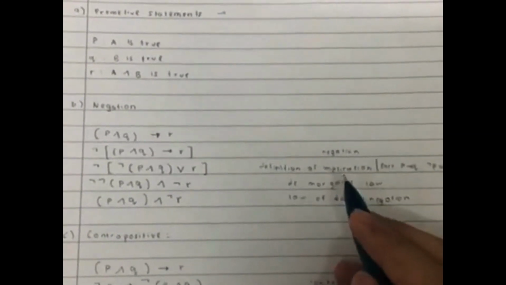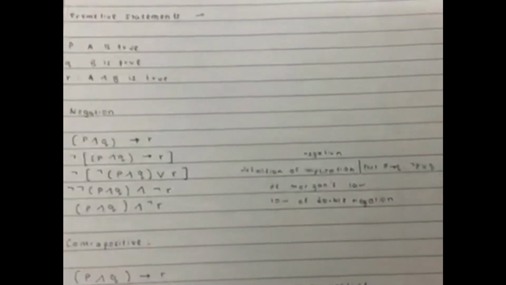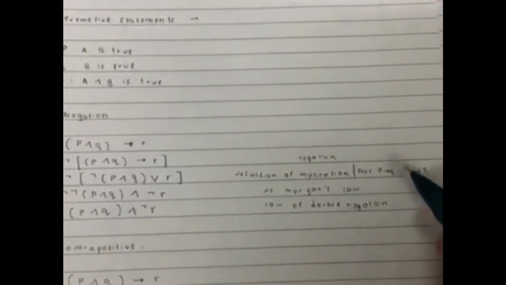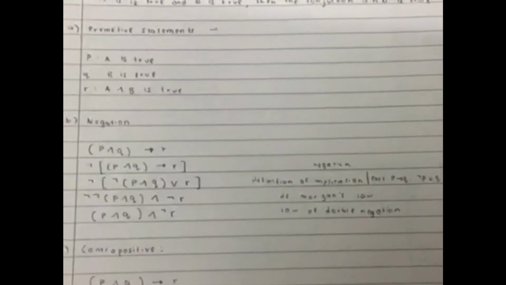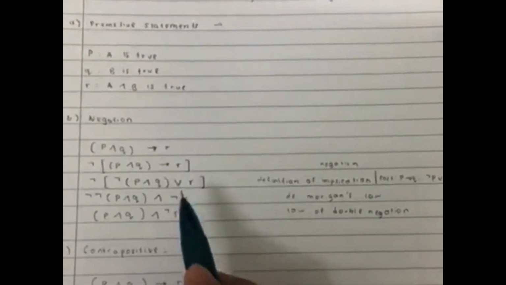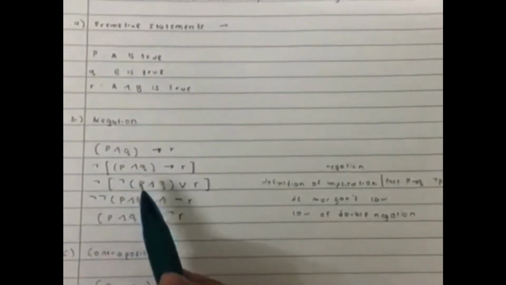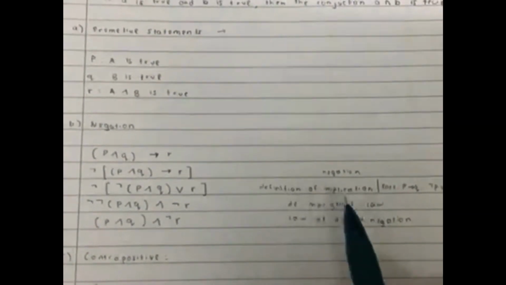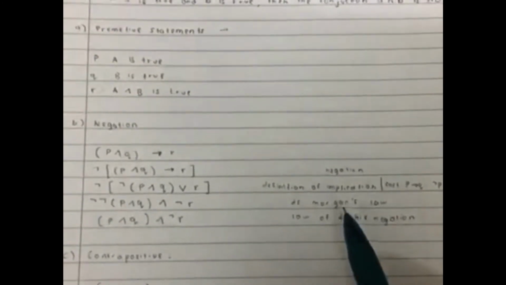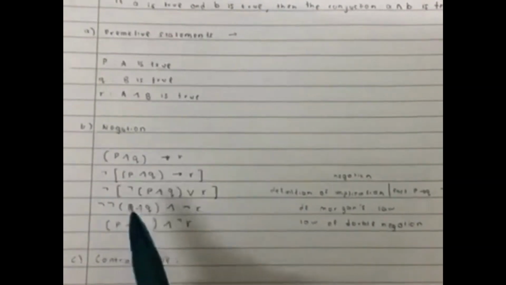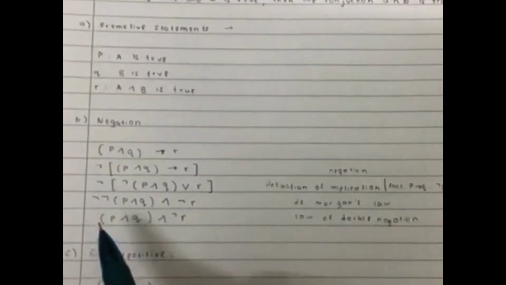Use the definition of implication to change the implies: P implies Q becomes not P or Q. In the same way, we change the conjunction to or and put the not in front of P and Q. And then we use De Morgan's law. And lastly, we use the law of double negation to remove the double not at the front.